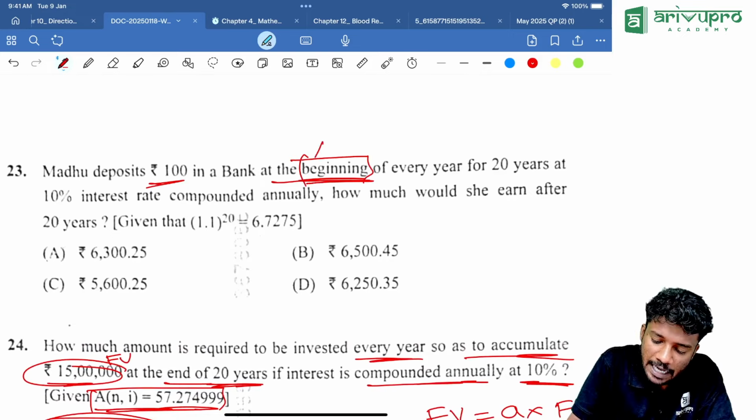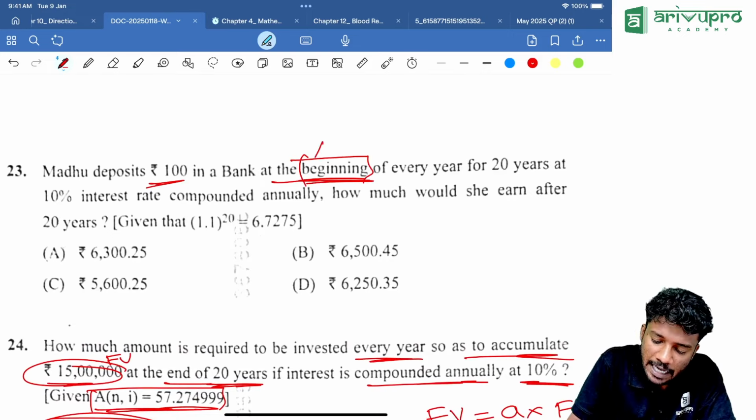What is the formula? Future value is equal to A by I into (1 plus I) the whole power n minus 1. Since it is annuity due, what is the formula? 1 plus I will also be there along with it. That means it is equal to A by I, that means 100 divided by I value, which is how much? 0.1, into 1.1 the whole raised to 20 is how much? 6.7275.